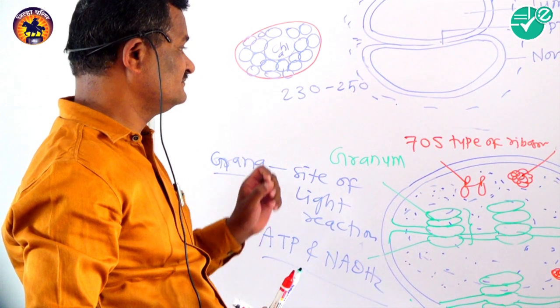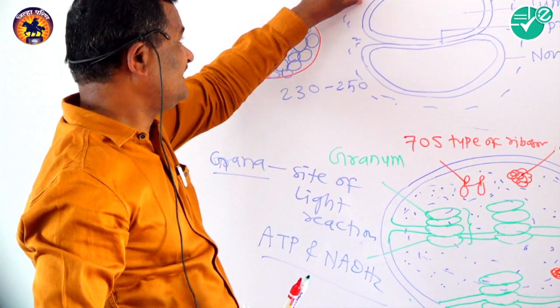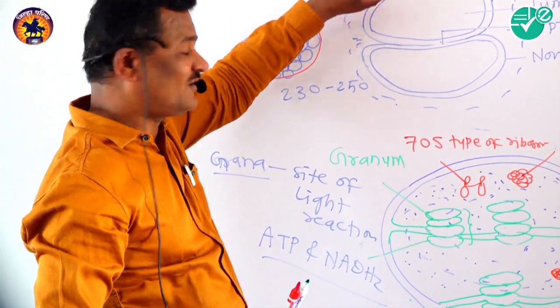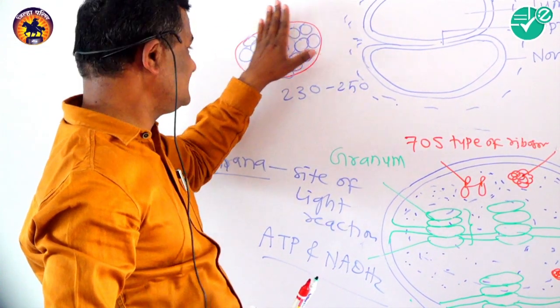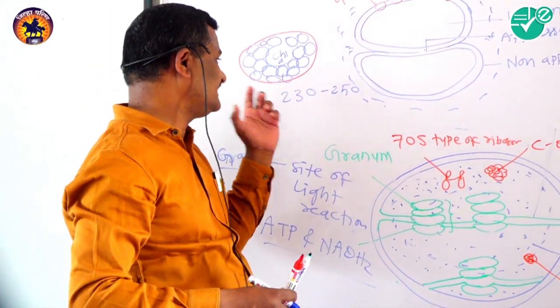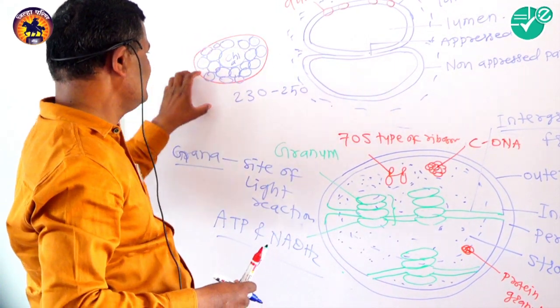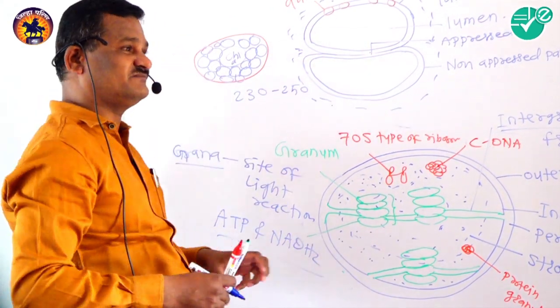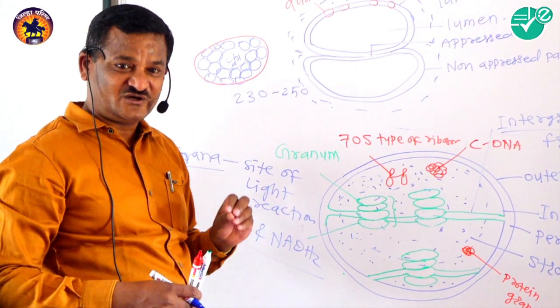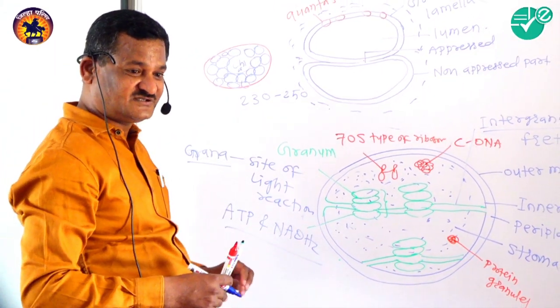Then the membrane of thylakoids contains quantasomes. Quantasomes contain a large number of photosynthetic pigments, 230 to 250, and all the pigments form a system called a photosystem or pigment system.